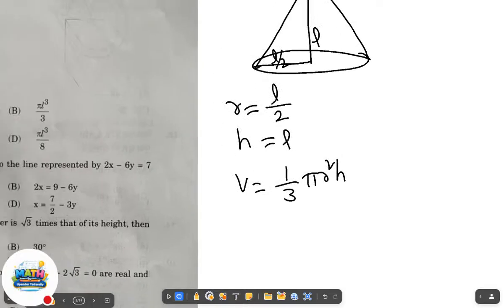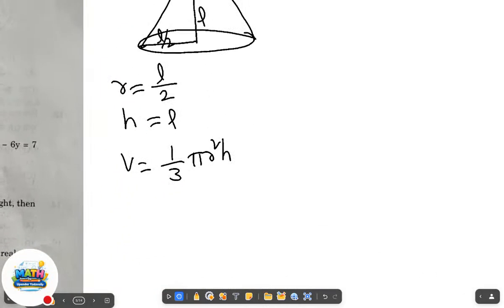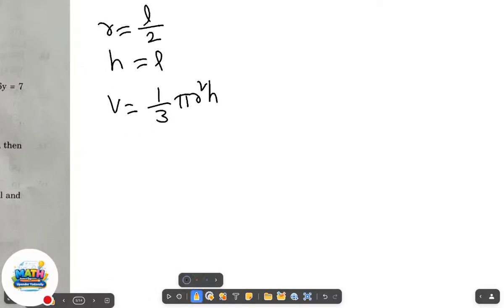Do we have to substitute the pi value? No. In the options there is a pi, so there is no need of substituting the pi value.